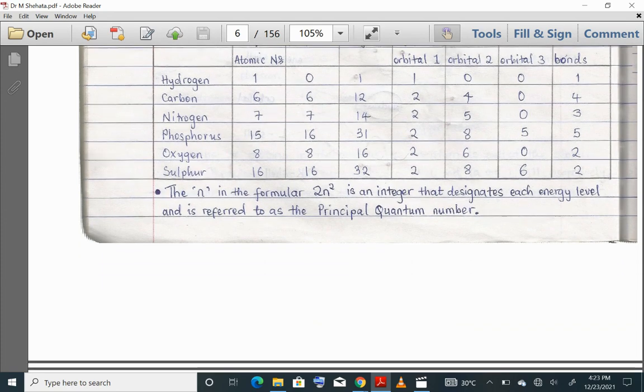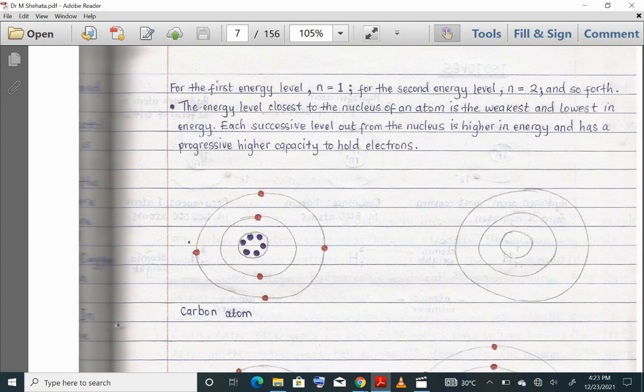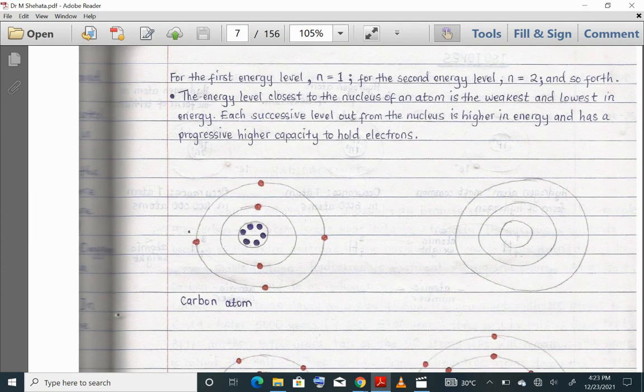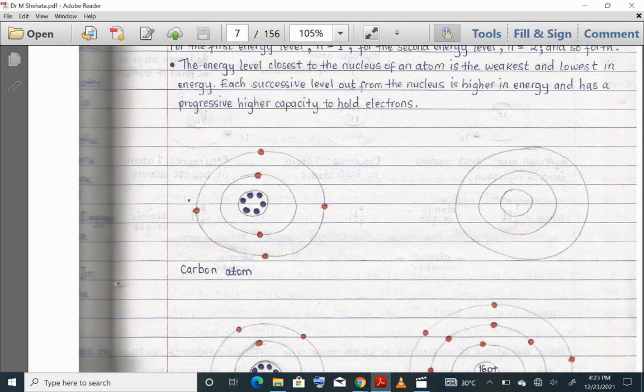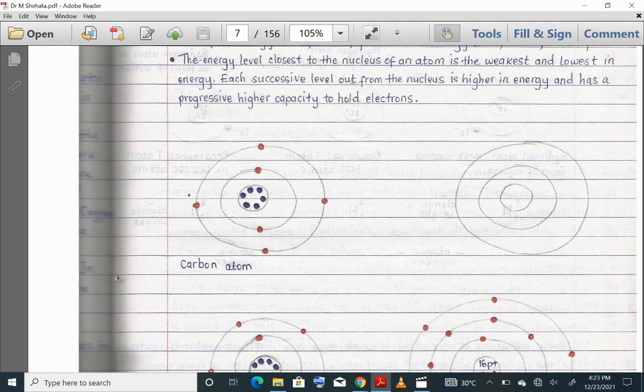This is in biology. In chemistry, we'll dive into that. It's important to take note that each successive level out from the nucleus is higher in energy. So the more you move away from the nucleus, the more energy that shell has.